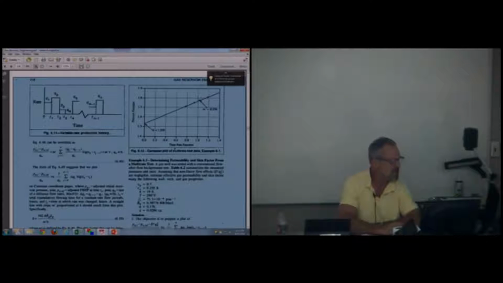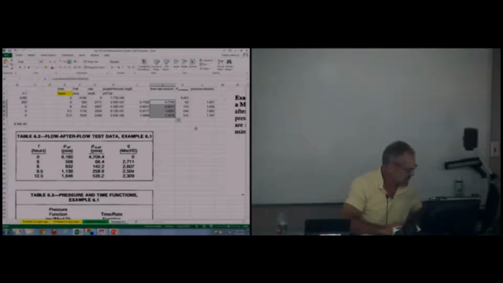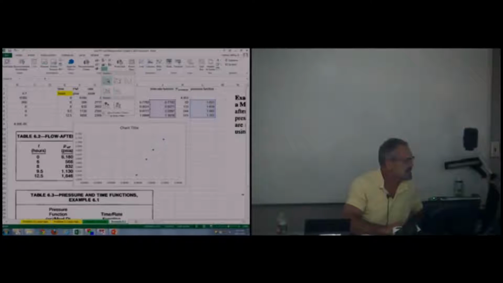Okay, so now we're going to create figure 6-12, the rate time function versus the pressure function. I hit the control button to select two things, and I insert chart and scatter.